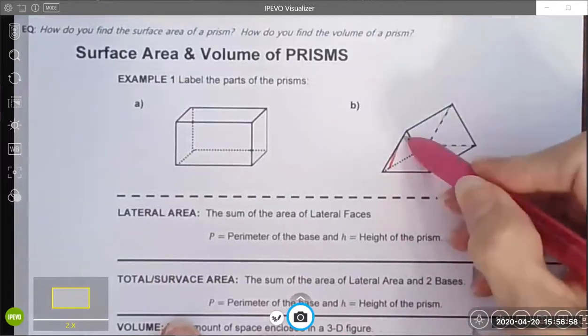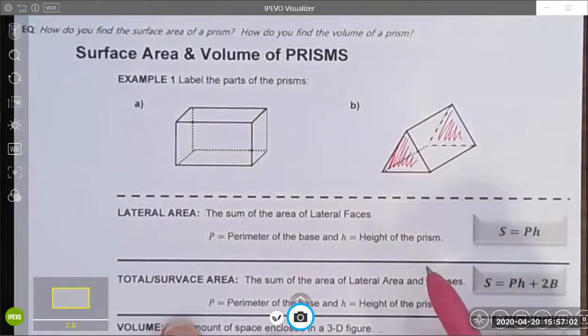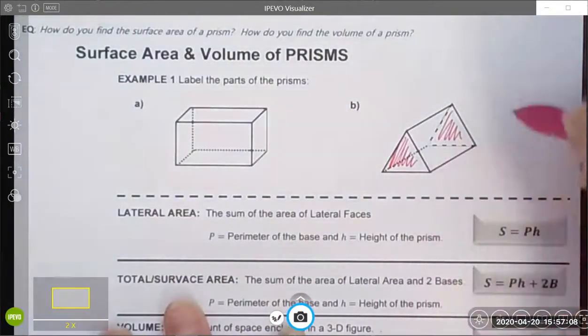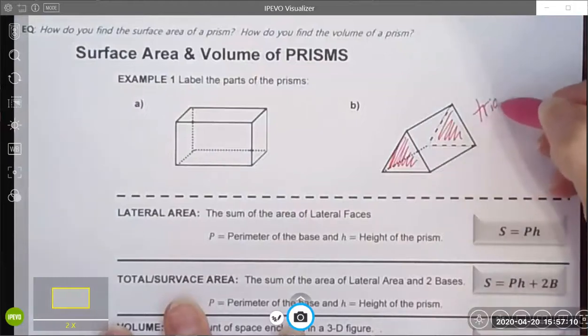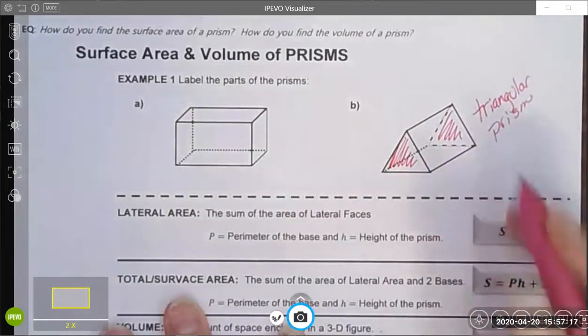They are going to be the two congruent shapes that are parallel, and so they're easy to see here. We name prisms based on the shape of their base. So this I can call a triangular prism because its bases are triangles.